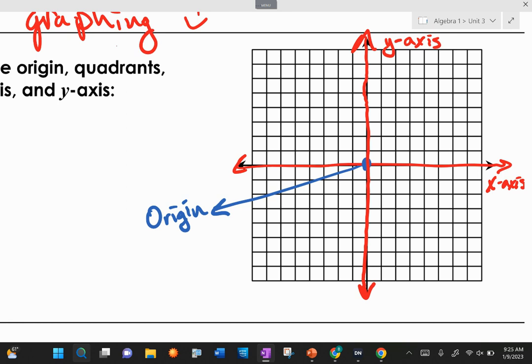Okay, so that is going to be quadrant 1, which you will know as being plus, plus, meaning that a point in that quadrant will be a positive x and a positive y. You have quadrant 2, which will be a negative, plus.